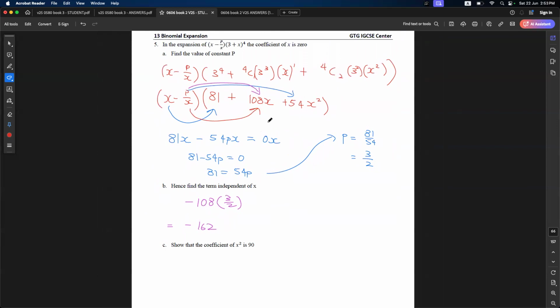It gives me no x, right? It's just this, isn't it? Wait, sorry. In this case you need to expand to the third one, the fourth one, because the next expansion is going to be x cubed something, and x cubed something times this will give you x squared.